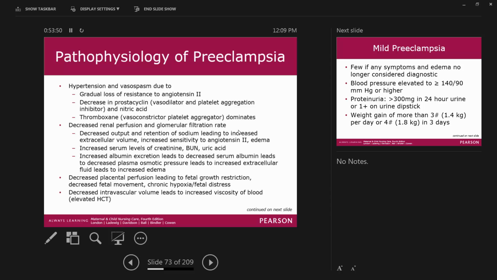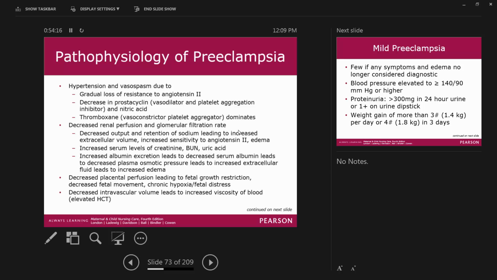This also leads to an increased sensitivity to angiotensin II. Up here we have decreased resistance to angiotensin II, so it's running rampant, and down here, because it's affecting our renal system, we're also very sensitive to it.